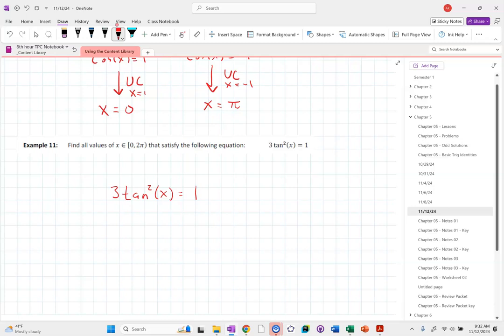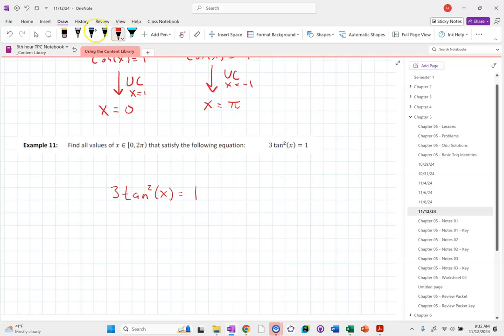Which one do we need to undo first? The exponent or the coefficient? Nope. Yeah, we got to get rid of the coefficient first. Remember, when we're solving, we're following the reverse order of operations. So we want to undo adding and subtracting, and then multiplication, division, and last exponents, right? It's the reverse of order of operations.